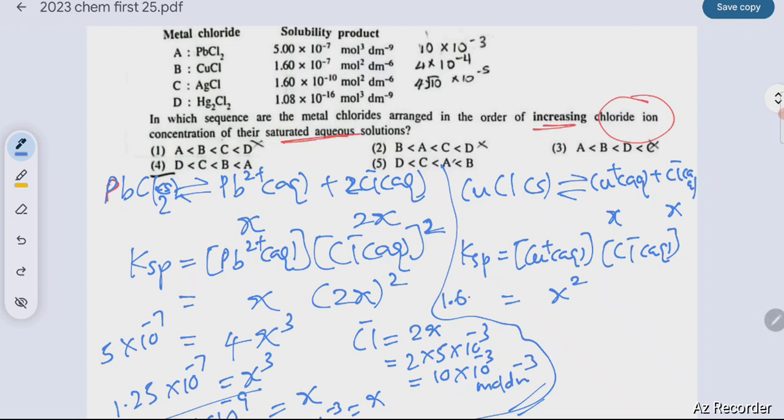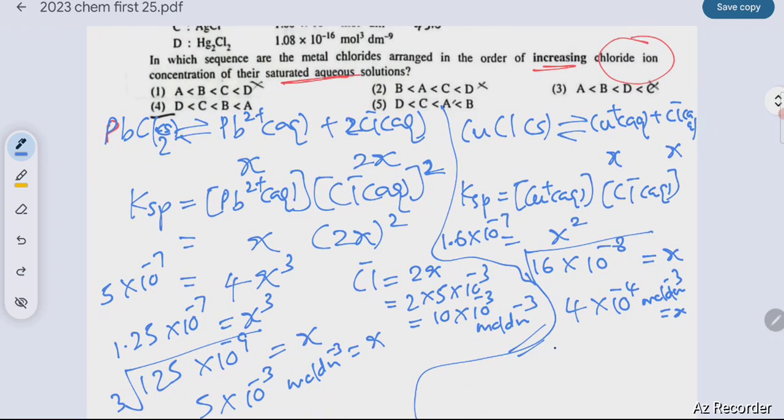Ksp value is given as 1.6 into 10 to the power minus 7. So in order to get the square root, I can make it as 16 into 10 to the power minus 8 and get the square root. So the square root of 16 is 4 into 10 to the power minus 4 moles per dm cube. So this is equal to x, and our Cl- concentration is also equal to x, right? Therefore, we are getting 4 into 10 to the power minus 4 moles per dm cube.